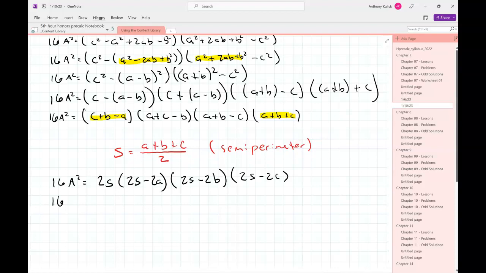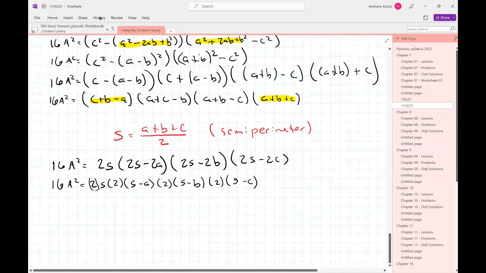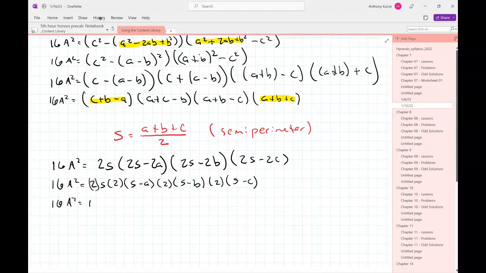Notice each of those quantities has a factor of 2 in common. So I can factor that out. And since this is all multiplication, those 2's can just all multiply together.